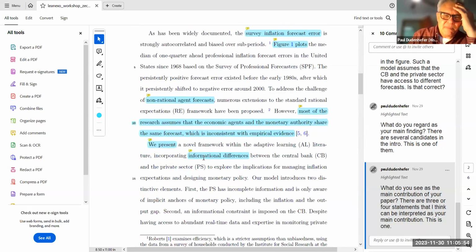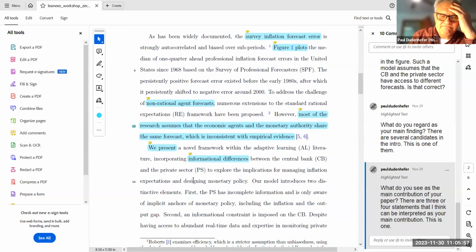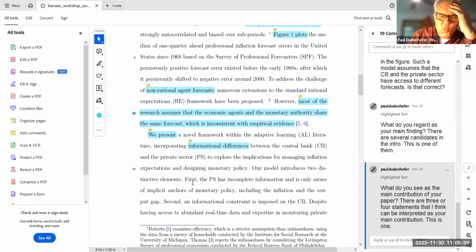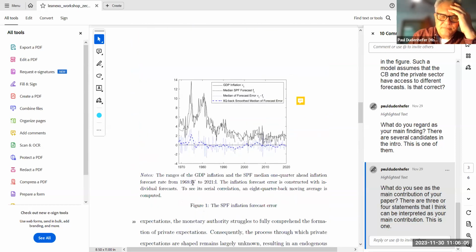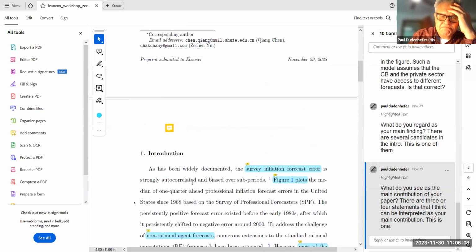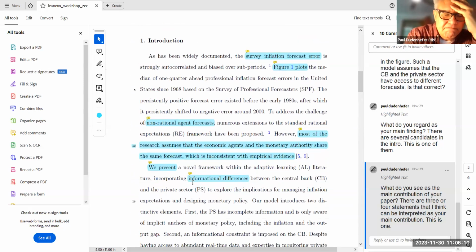So, I guess I'm trying to synthesize all of this and give you something that you can take away.